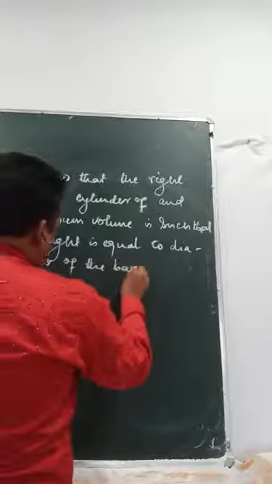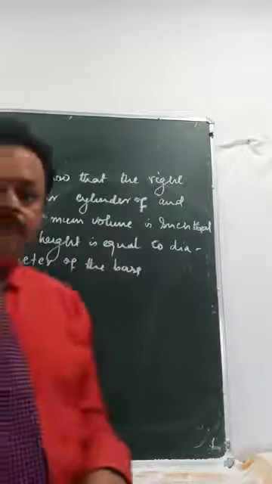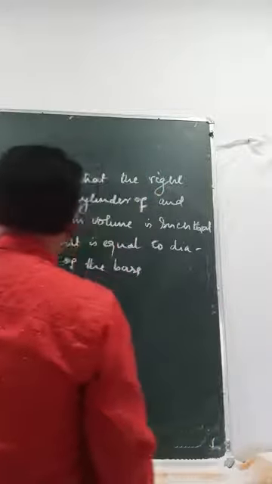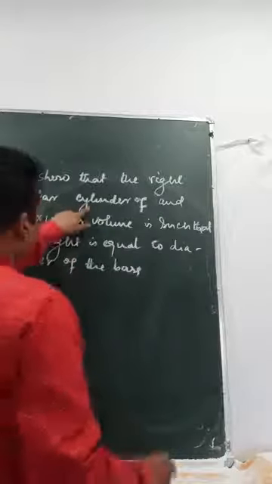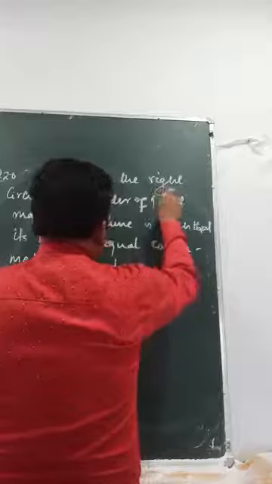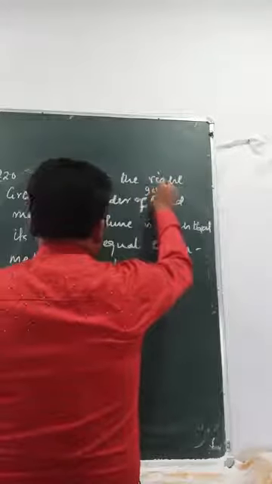See the clue here. Clue means: right circular cylinder of given surface.